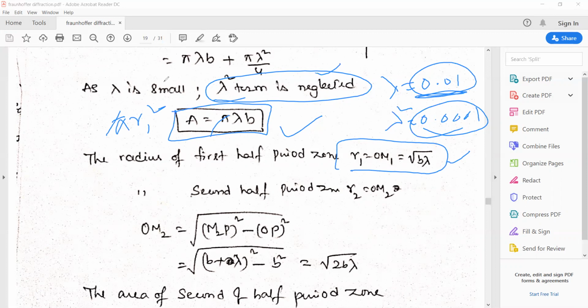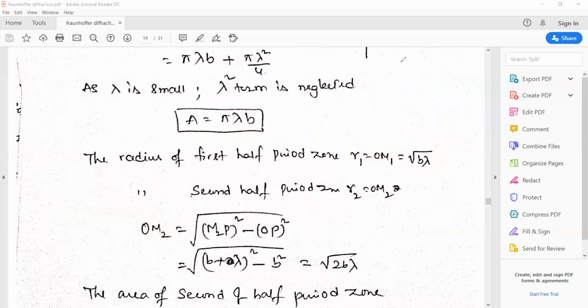So to find out the second half period zone, this is OM2, which is nothing but R2, and this is point P, and this is B plus 2 lambda by 2. First one B plus lambda by 2, second one 2 lambda by 2, so this 2 will get cancelled.